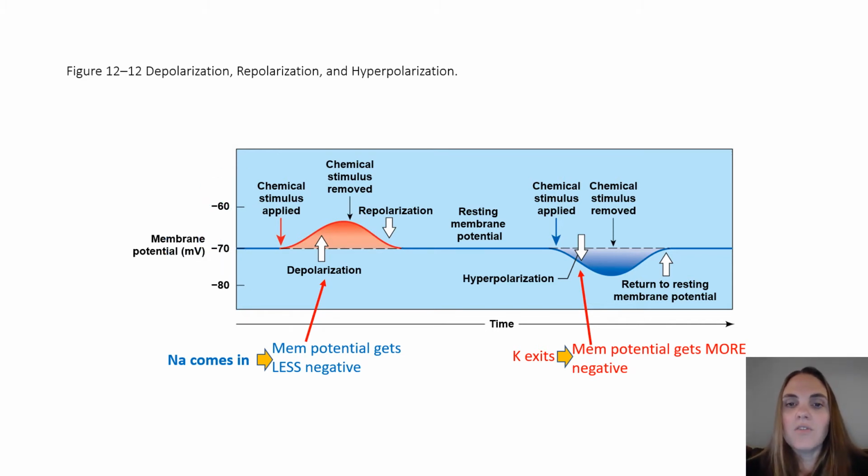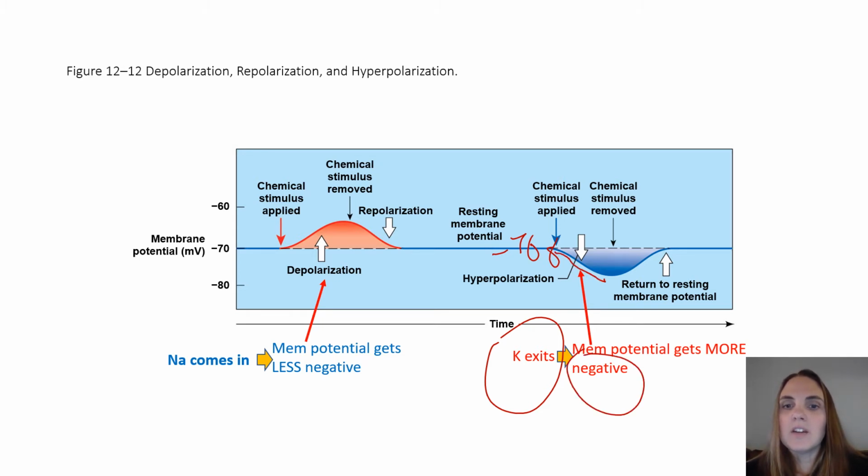Conversely, if we had a potassium channel open, we start out once again at negative 70 millivolts. Potassium channel binds a ligand and opens. Potassium flows out, kick out your bananas. The potassium flows out of the cell. The cell is losing that positive charge, which means that membrane potential is going to get more negative.